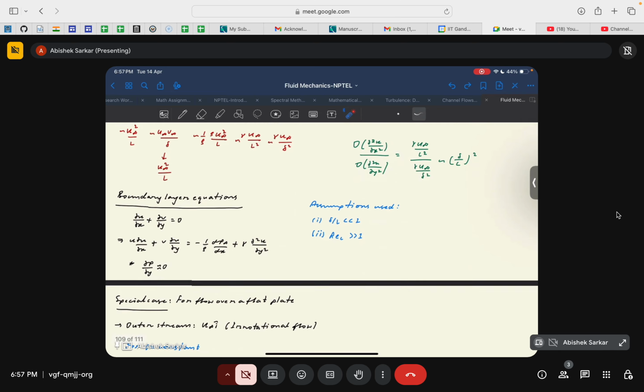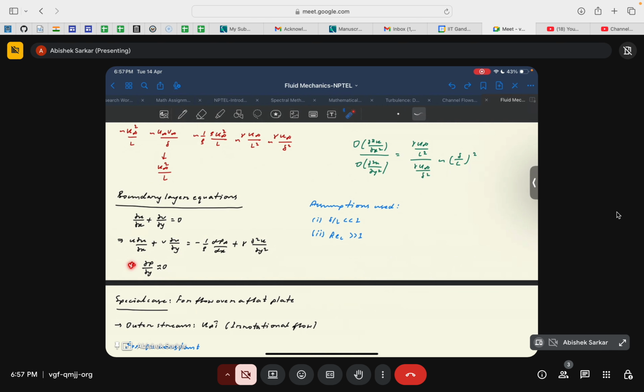Okay, and we consider all of these and find the final form of the boundary layer equation. So we end up with this form, that is, the equation that we need to solve is dou u by dou x plus dou v by dou y equal to 0. There is no cancellation in this continuity equation, and the x momentum equation boils down to this form, that is u dou u by dou x plus v dou u by dou y is equal to minus 1 by rho dP infinity by dx plus nu dou square u by dou y square.